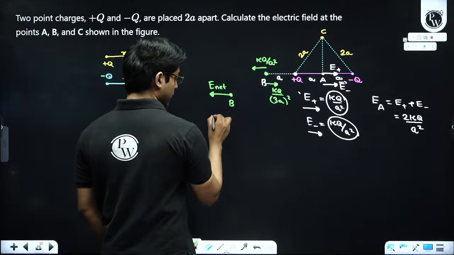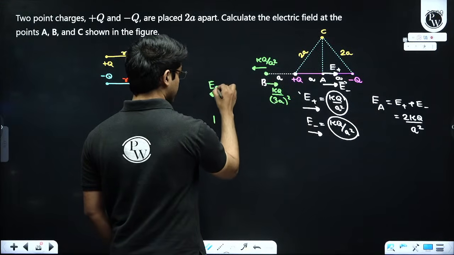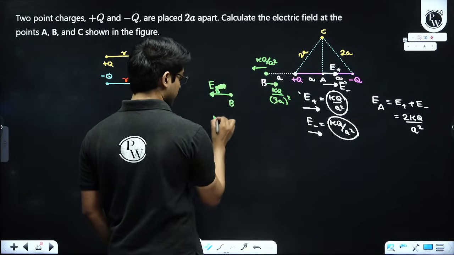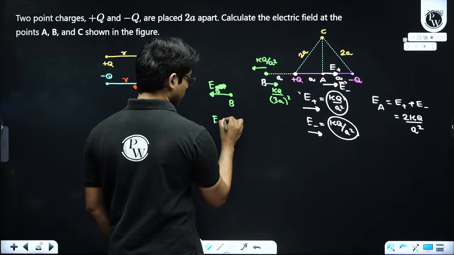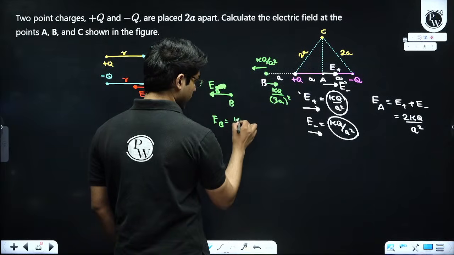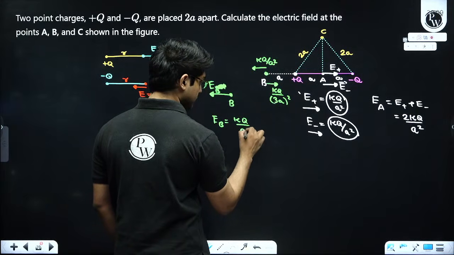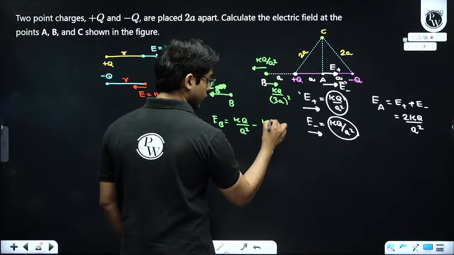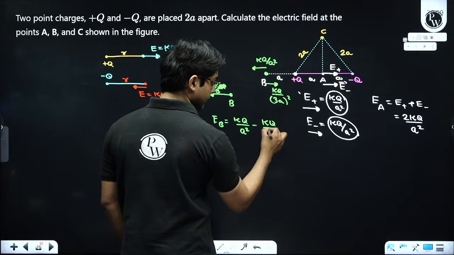Let's call it EB. So EB will be this left minus the right. So that will be kq divided by a square minus kq divided by 9a square.